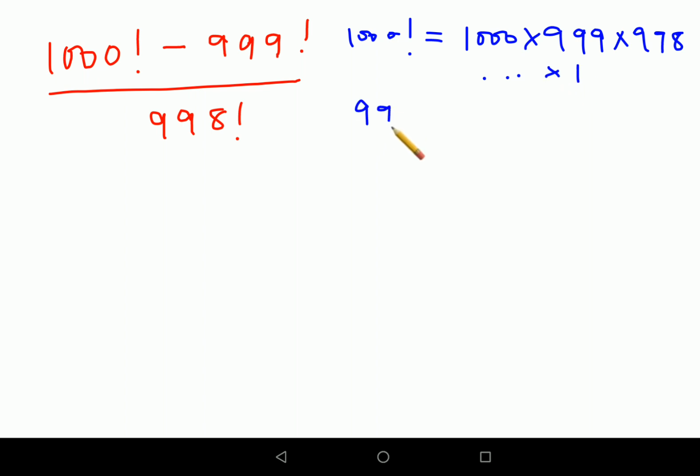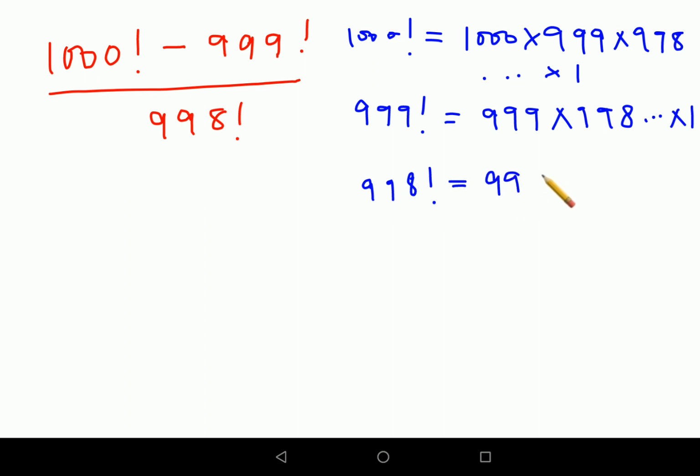Similarly, 999 factorial can be written as 999, 998, going on up to 1. And 998 factorial can be written as 998, 997, going on up to 1.